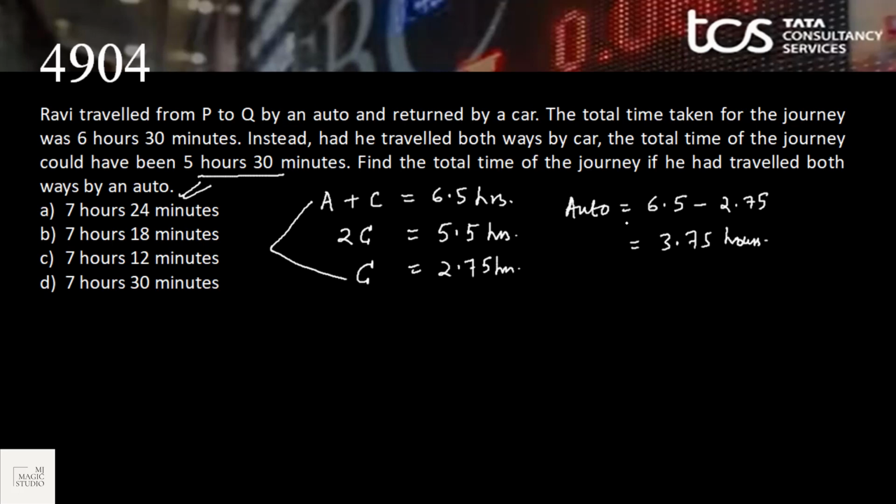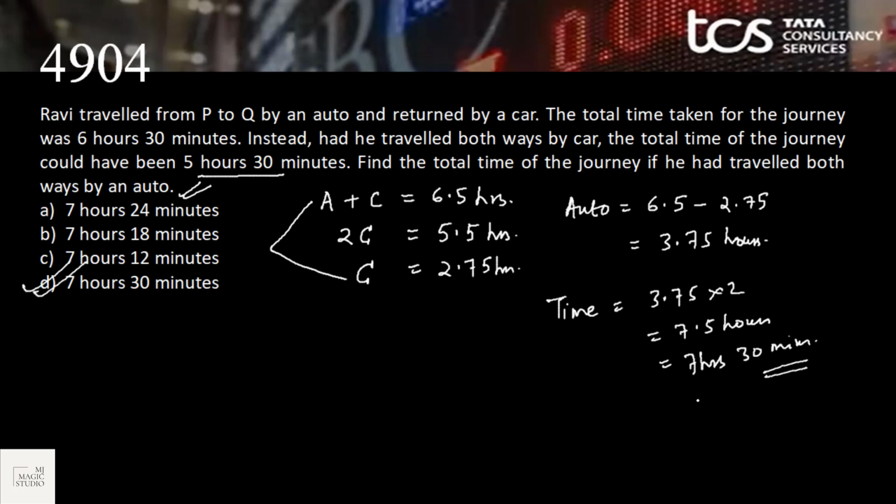So one auto trip from P to Q will take 3.75 hours. If the entire journey is by auto, the total time taken will be 3.75 into 2, that is 7.5 hours. Let me convert it into minutes: 7 hours 30 minutes. Yes, that we have in option D.